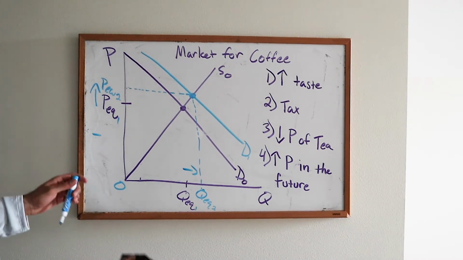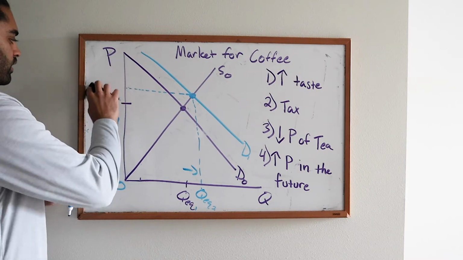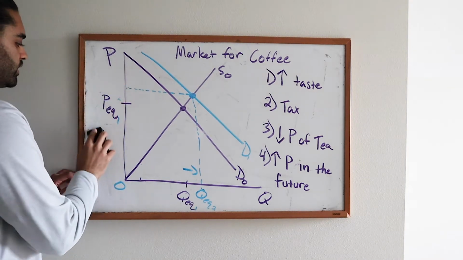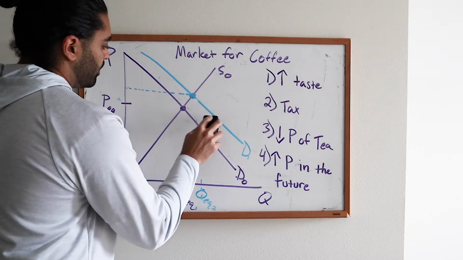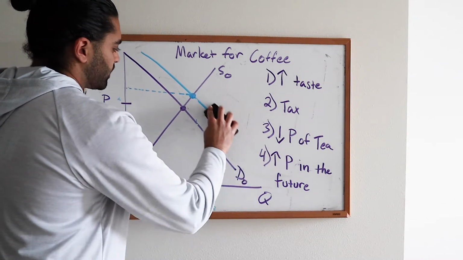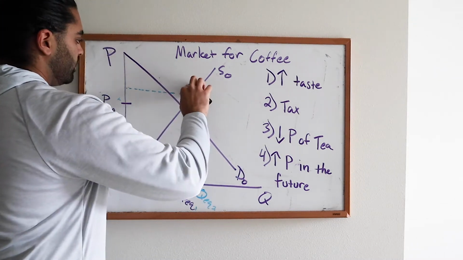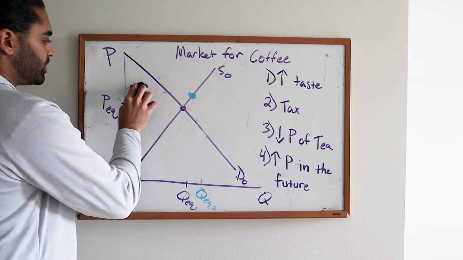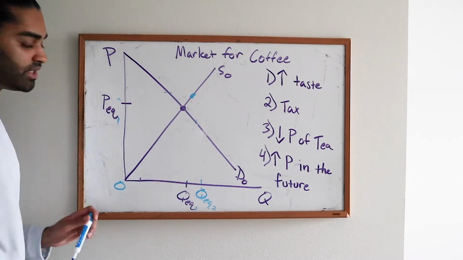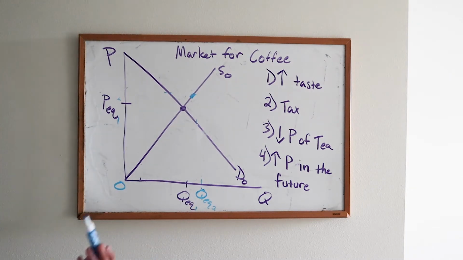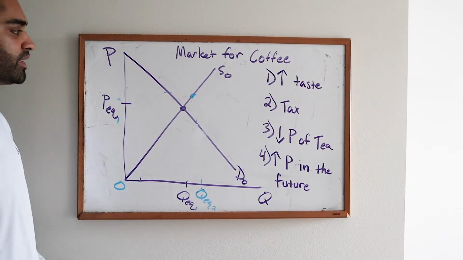All right, so the next one we're going to go over is when there's a tax implemented. So when we went over the shift factors for supply and demand, one of the shift factors for a specific curve was taxes and subsidies. So if you remember, great. If not, again, just a little bit of study.